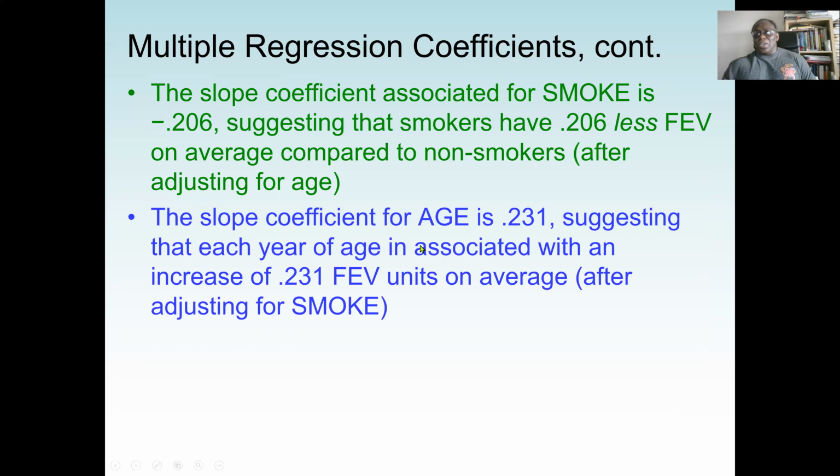Now the slope for age is 0.231, suggesting that each year of age is associated with an increase of 23.1% FEV units on average after adjusting for smoking. So we can see that age has more effect, and smoke has less.